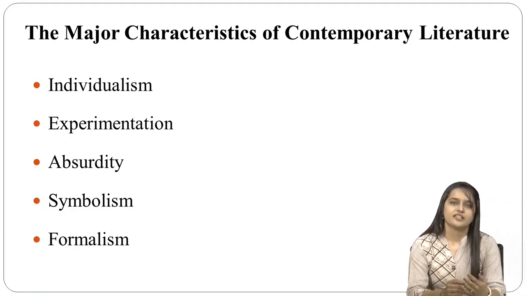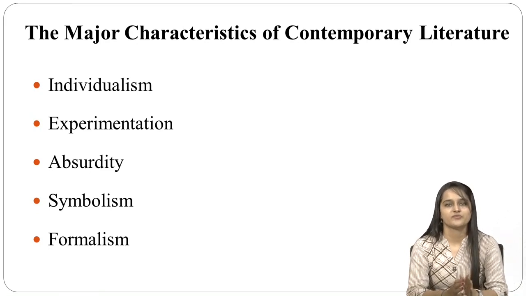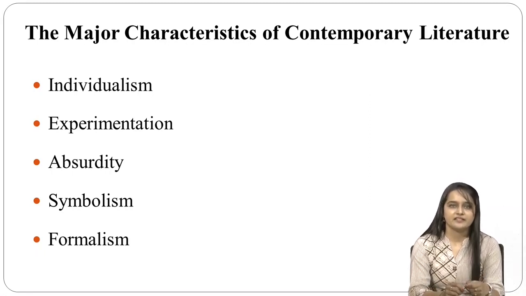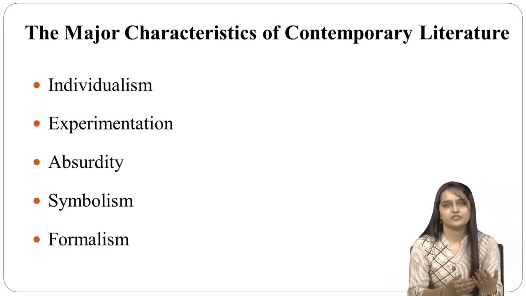The inner workings of consciousness were a common subject for modernists. So, this preoccupation led to a form of narration called stream of consciousness, where the point of view of the novel meanders in a pattern resembling human thought.